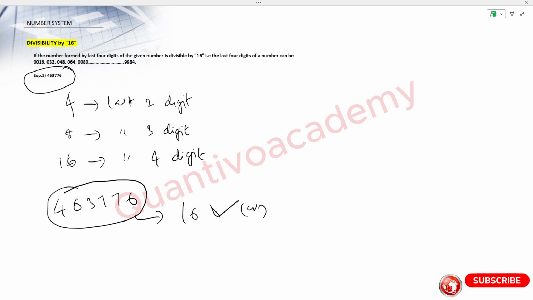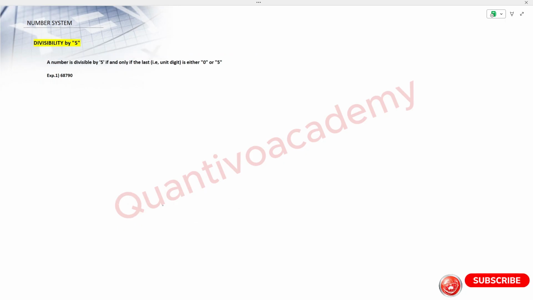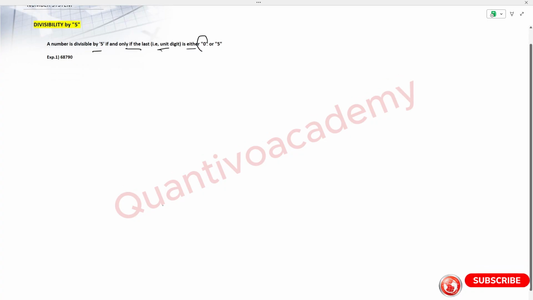Next, divisibility by 5. How can we say that the given number is divisible by 5? By just looking at the number: a number is divisible by 5 if and only if its unit digit, or last digit, is either 0 or 5.